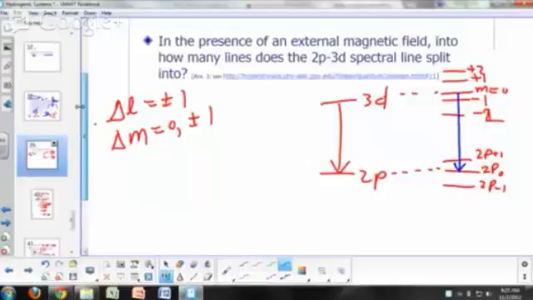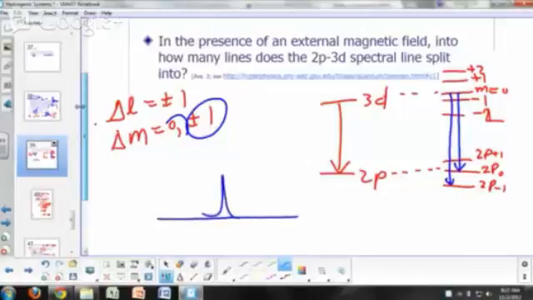you're going to get extra lines. So you can have from m equals 0 to m equals negative 1. That's allowed. Delta m here is 0 or plus or minus 1. So this would be a bigger delta E. So instead of just that one spectral line from 0 to 0, you can go 0 to negative 1.